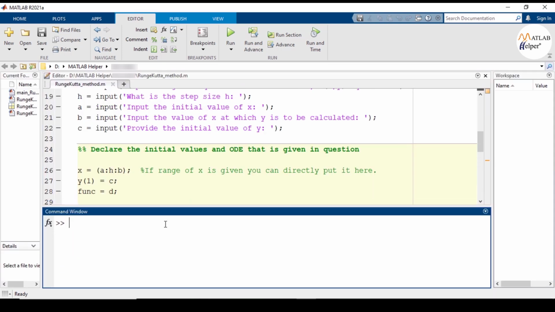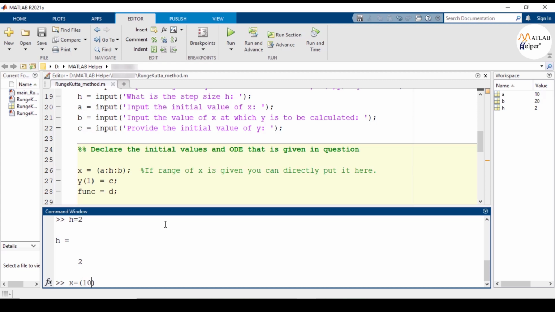So here in command window, I will write a is equal to 10, b is equal to 20, h is equal to 2, and I will provide the above function of x in the command window.